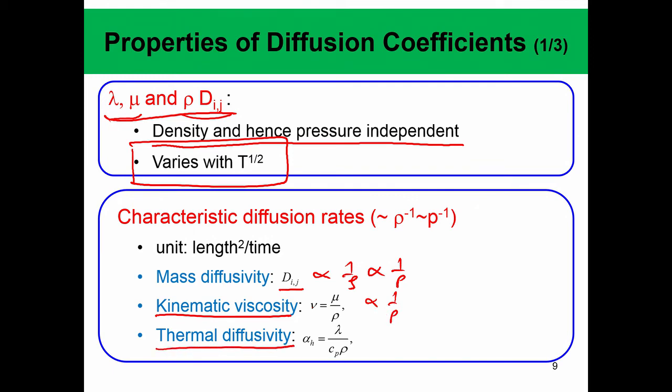And thermal diffusivity, which is lambda, thermal conductivity, divided by rho Cp, also is proportional to 1 by rho and hence proportional to 1 by p. So if you consider these characteristic diffusion rates, mass diffusivity, kinematic viscosity instead of dynamic viscosity, and thermal diffusivity instead of thermal conductivity, because they are all proportional to rho to the power of -1, they essentially become pressure dependent.